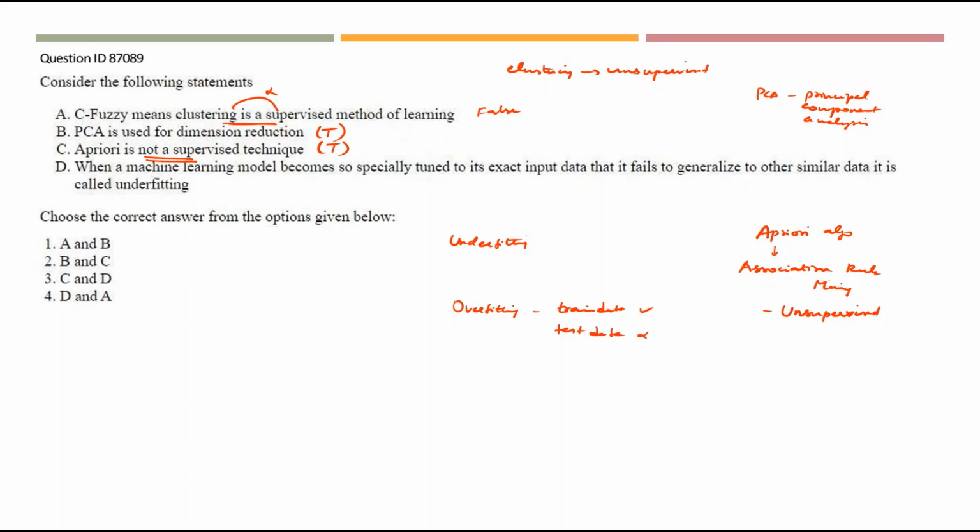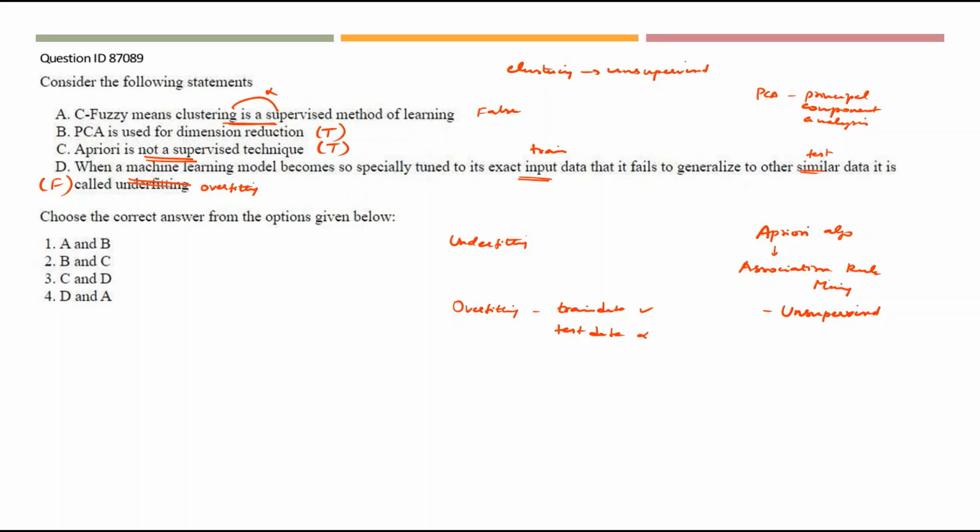So this is what they say. It is tuned to its exact input data, which is the training data, and it fails to generalize to other similar data as the test data. This concept is actually overfitting. So D is false.